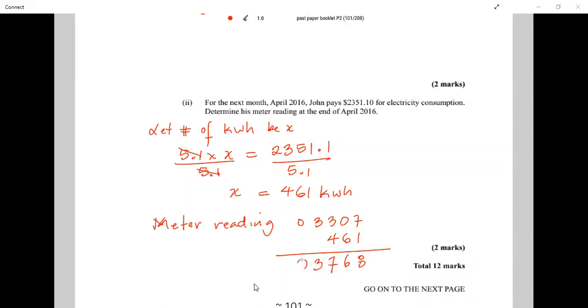So the meter reading at the end of April was 03768. All right, that's essentially the end of the question. I had to first find out the number of kilowatt hours used, which I did. Add that to the meter reading at the end of March, and that will give me the meter reading for the end of April. So that's the end of this question.